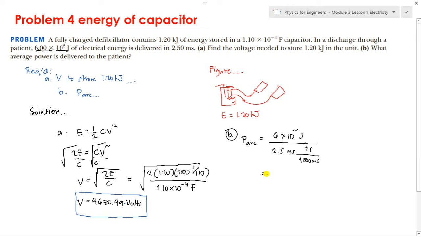Para joule per second, that is in watts. That would be 6 times 10 squared divided by 2.5 times 1 over 1000.